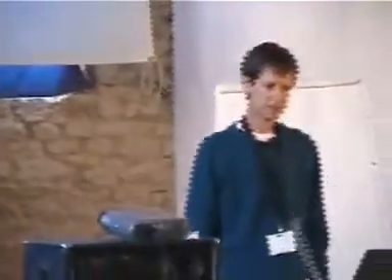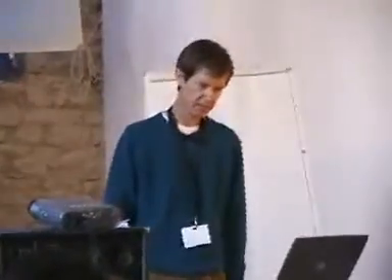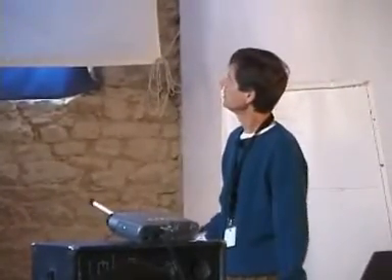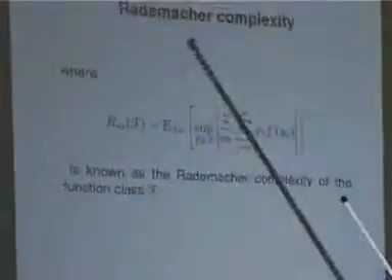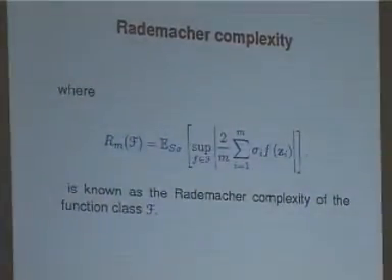Now let's look at it and see what it means. Does it make sense? Well, it actually has some very nice flavor to it. Why is it called Rademacher complexity? That's because Rademacher variables are these +1, -1 random variables with equal probability.